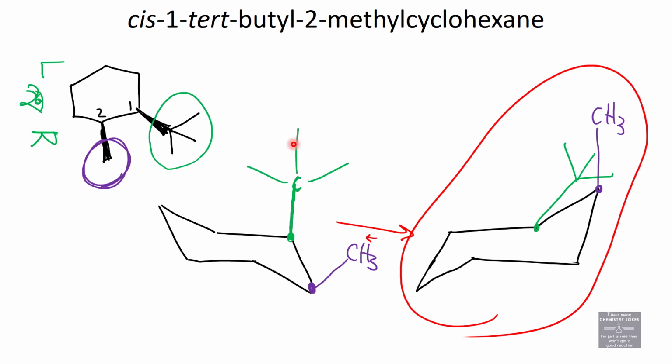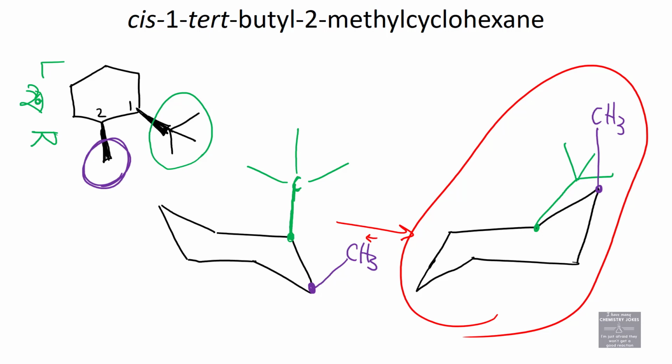Those 1,3 diaxials, ooh, bad news when tert-butyl is axial. So it spends almost all of its time in this conformation because that axial tert-butyl is bad news. If we just looked not about size, we've got one axial, one equatorial in both, that's not good enough. We have to consider the inequality of tert-butyl and methyl as far as size goes.